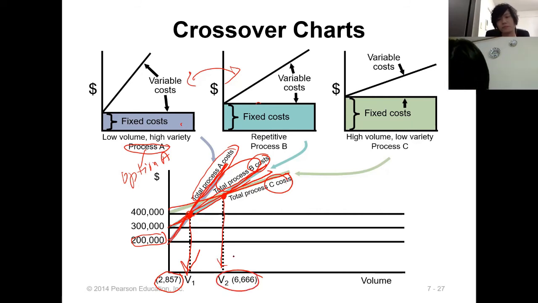So that's why it suddenly changed: option A is low volume, option B is repetitive, option C is high volume.